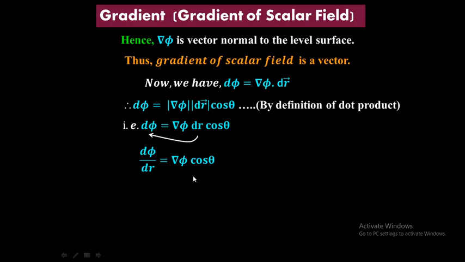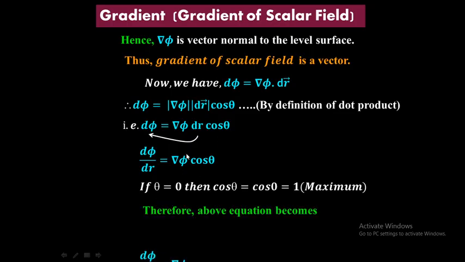When cos theta is maximum, its value is 1, and cos theta is 1 at angle 0. Suppose we consider theta is 0, so cos theta would be 1. If we put this value of cos theta in the above equation, it will be d phi by dr equal to del phi.